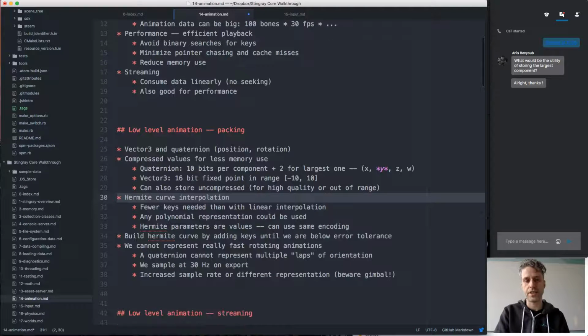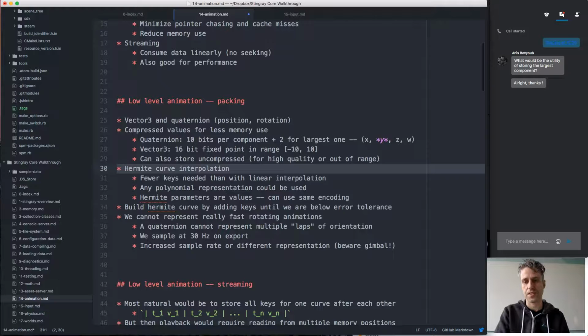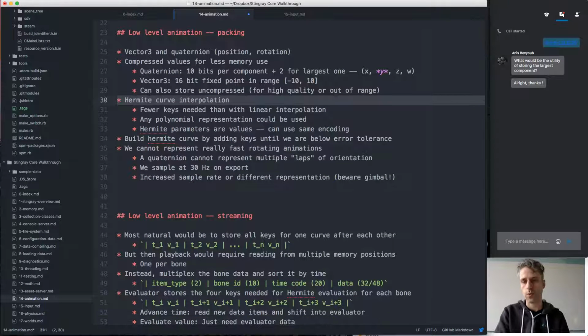But typically you get a better result by using some kind of higher order curve, like a secondary curve, a third-degree curve. Because animations tend to be smooth, they tend to be curvy like this rather than jagged like this, which you would get if you use straight linear interpolation.